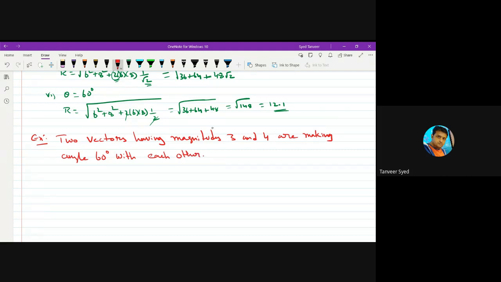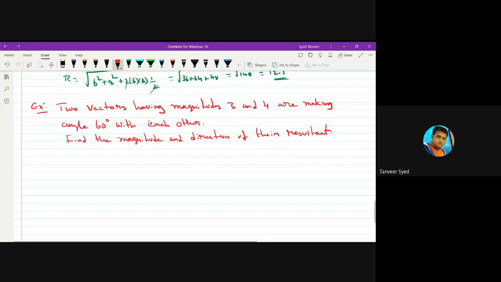Find the magnitude and direction of their resultant. Magnitude and direction of their resultant.